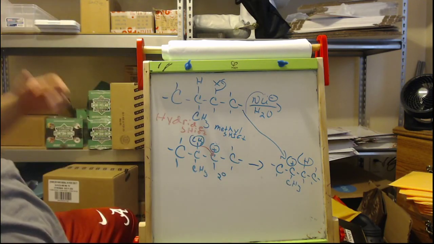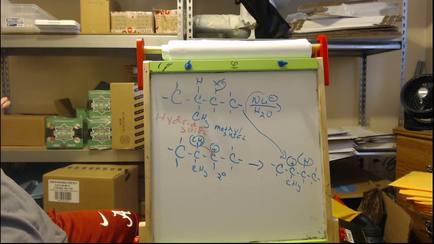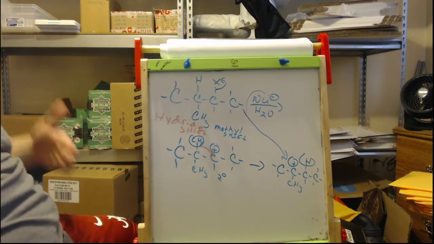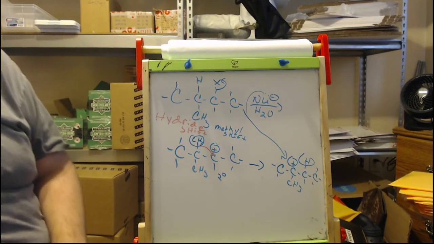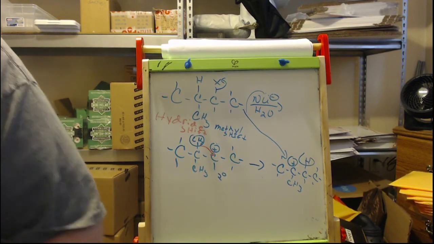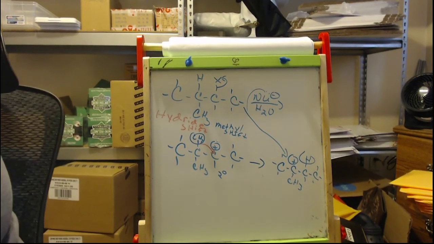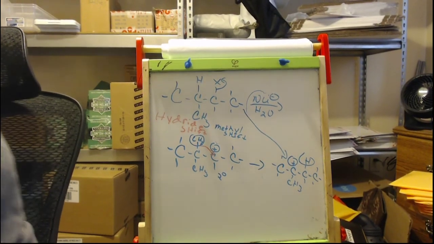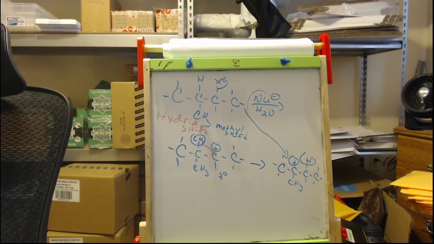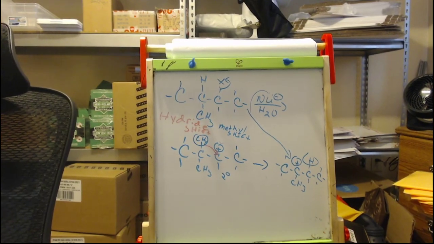Can you make a more stable carbocation? Can you go from a secondary to a tertiary by moving a hydrogen or a methyl group over? If you can, do it before you add the nucleophile. It's called a hydride shift or a methyl shift.